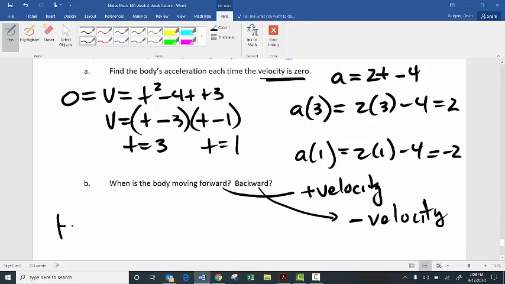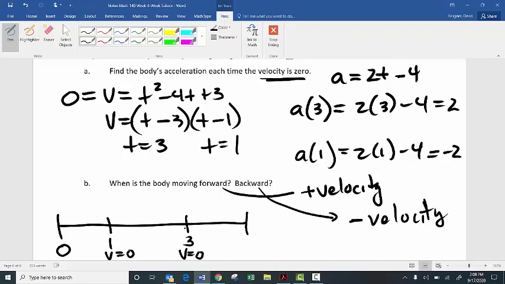So make a little chart here. Time starts at 0. Where the velocity is 0 is time 1, and time 3. In between those times is where it may change. It won't change positive or negative anywhere else, so you have to find out where the velocity is 0.